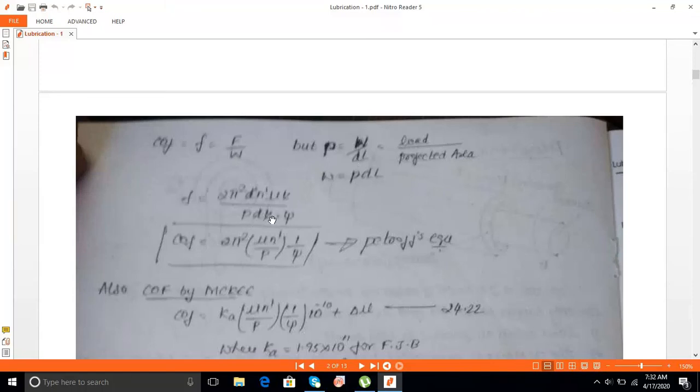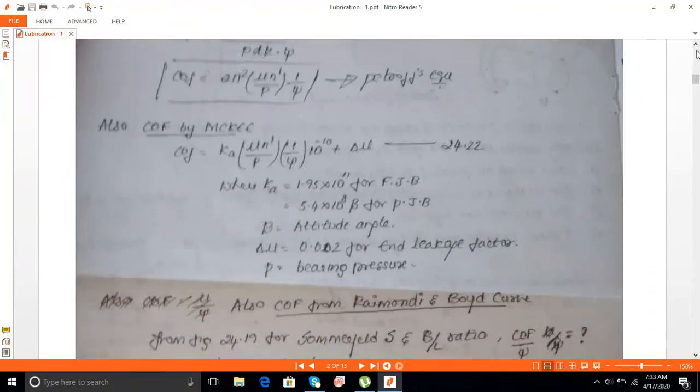On simplifying, we get 2 pi square into mu n dash divided by P into 1 by psi. This expression is called Petroff's equation for determining the COF. There is one more equation called Mackey's equation, which is given as Ka into mu n dash divided by P into 1 by psi, to the power of 10 raised to minus 10, plus delta mu.